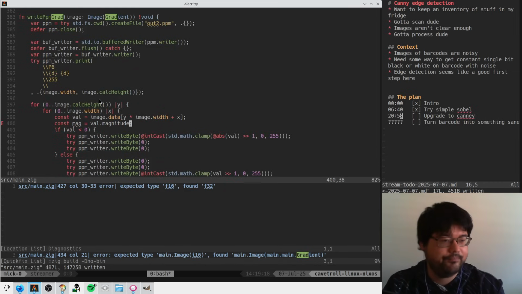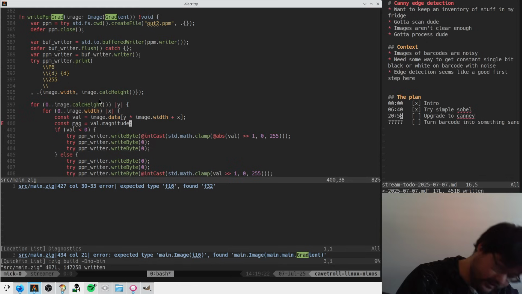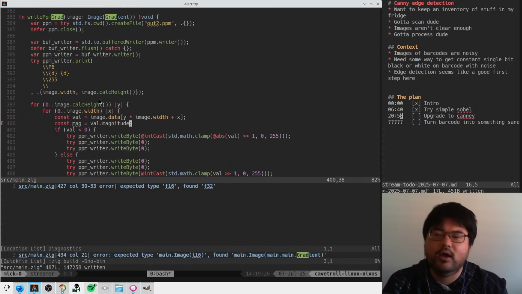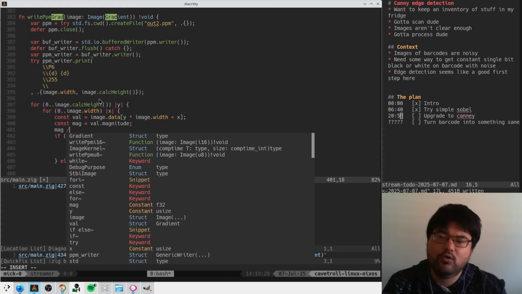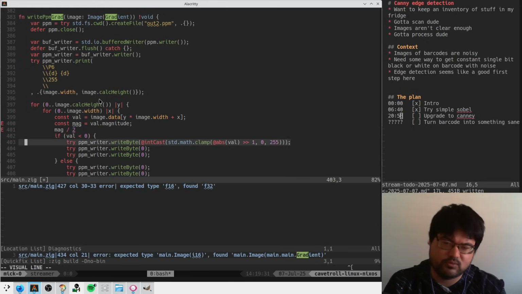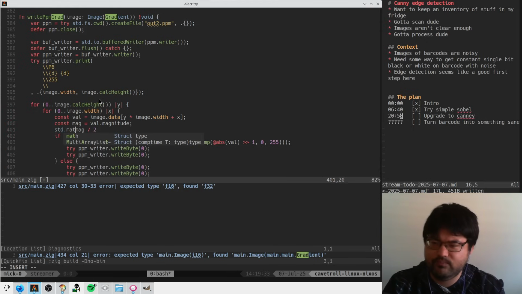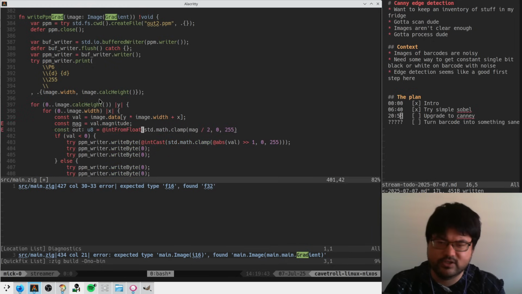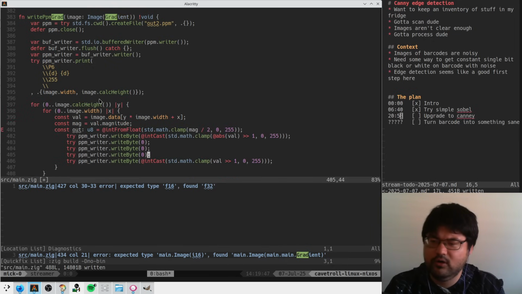Sorry, my dog is a little bit antsy. I just want to make sure that she's not freaking out. Mag over 2, probably because we were shifting left by 1 here. Then clamp this to 0 to 255, and then out is a U8 int from float of this, and then hopefully that ends up with us in the right spot.